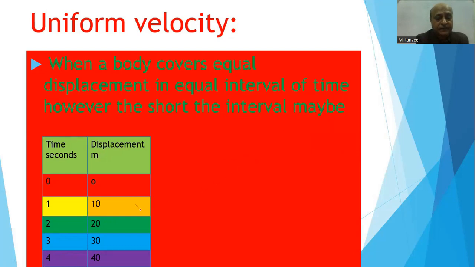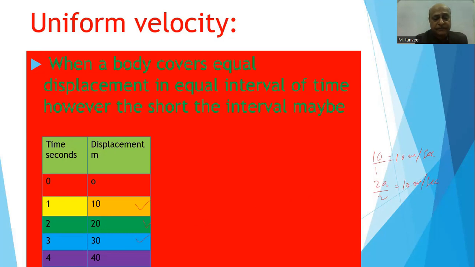In the first case, displacement is 10, the formula for velocity gives 10 divided by 1. Velocity will be 10 meter per second. In the second case, displacement is 20, time is 2. Your answer will be 10 meter per second. Velocity is the same.